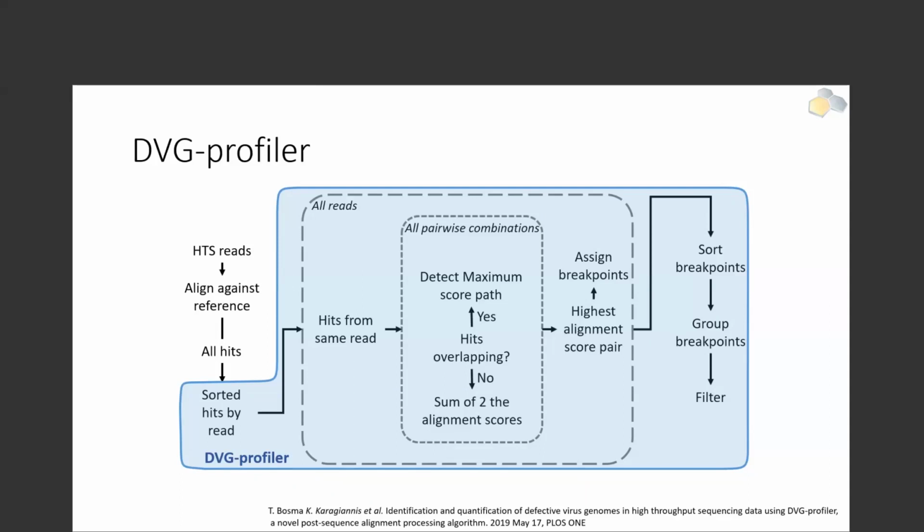The whole point of the DVG-profiler is to take these alignments as an input and justify junctions through split reads, being reads that originate from the same read but align in different locations of the genome.